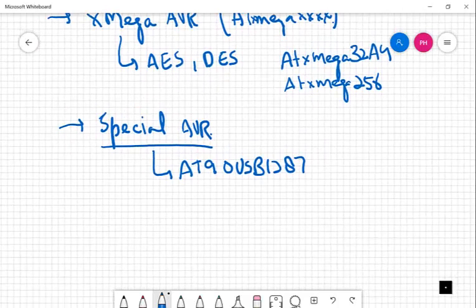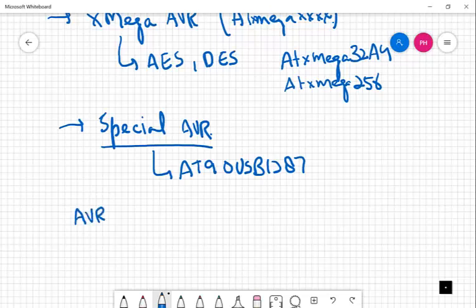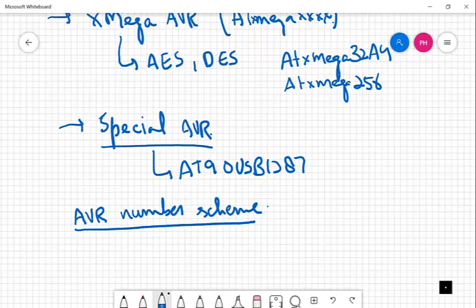The last thing we'll be discussing in this lecture is the AVR product number scheme. How are these AVR microcontrollers usually named?